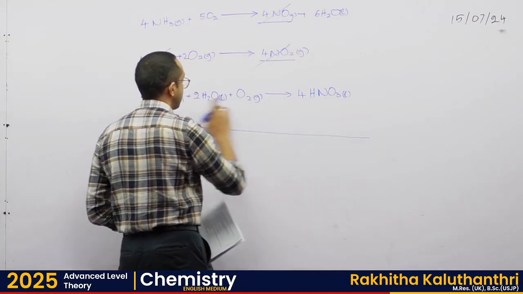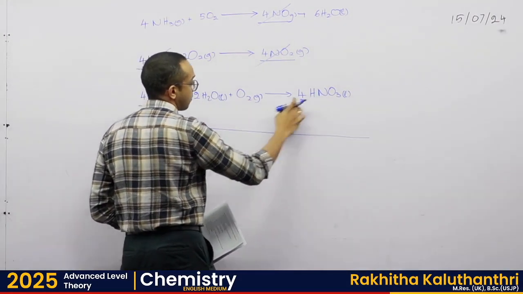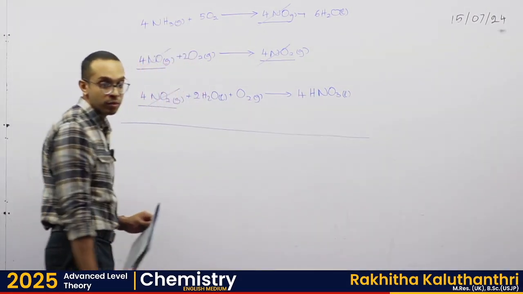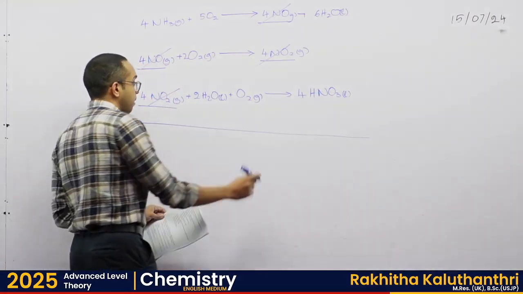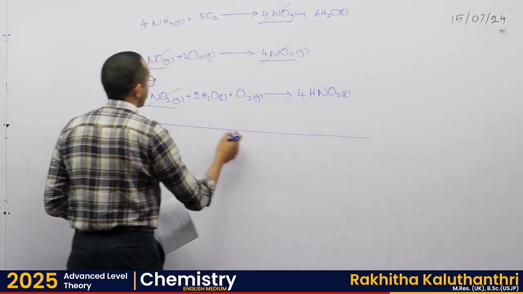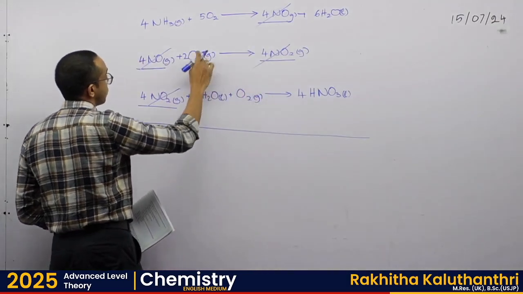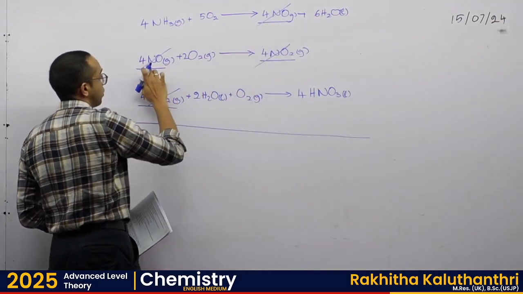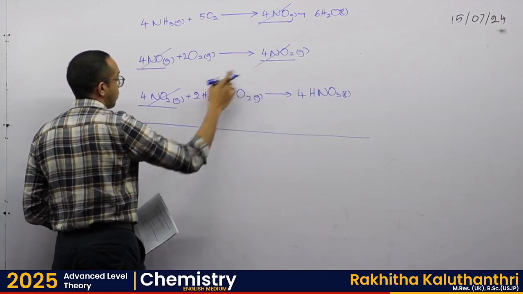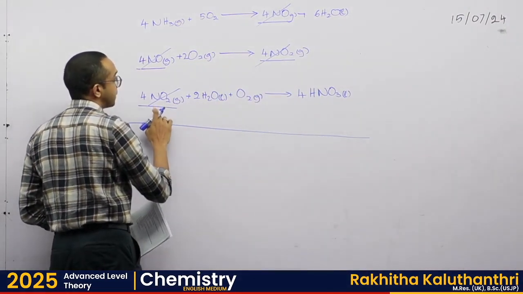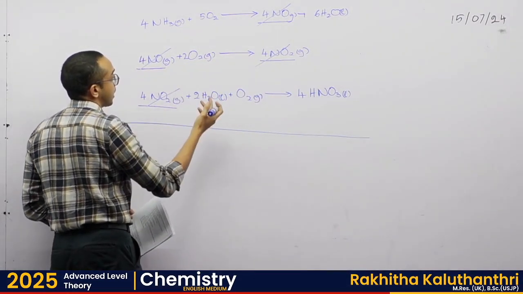It is clearly balanced. So we have 10, 12, all of the equations are balanced here. Now when you are adding them up, the things that are on both sides usually get cancelled off. So we can see NO got cancelled off, NO2 got cancelled off. Apart from that, is there anything else that we can cancel off?